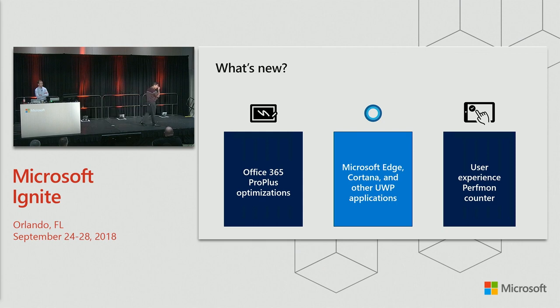And last but not the least, we introduced this user experience performance counter. How many of you were in Christian's session just before this? Great. So he talked about this. You might have seen some of that. What this really means is now, don't take our word for it. We have a performance counter. Go turn it on. If there's any user who's complaining about this, go turn it on, see what their experience is.